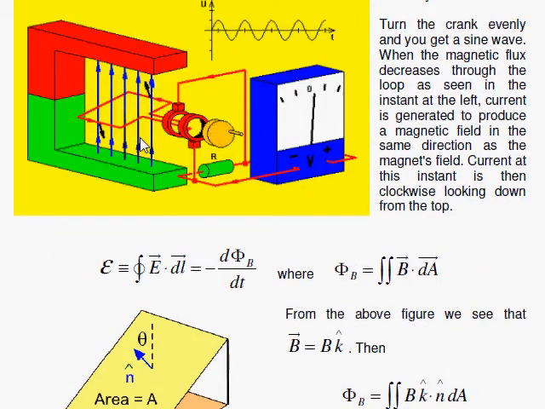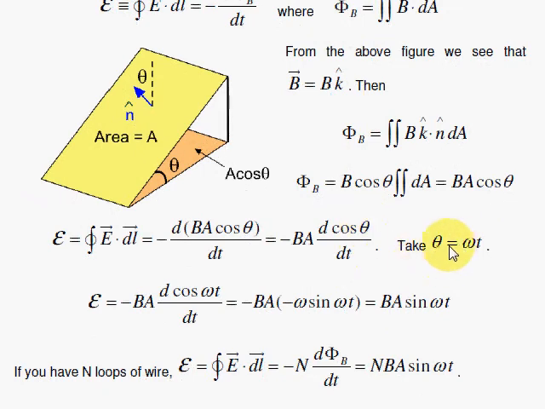if you're turning this around, here you have sinusoidal motion, so you take your theta to be omega t. Then when you take your derivative, your B is constant, capital A has already been taken here as a constant, since your cosine theta is what's going to vary as the projected area changes, and the d/dt on the cosine, when you have the omega t in there, the derivative of the cosine is negative of the sine, and then you pull out the omega.